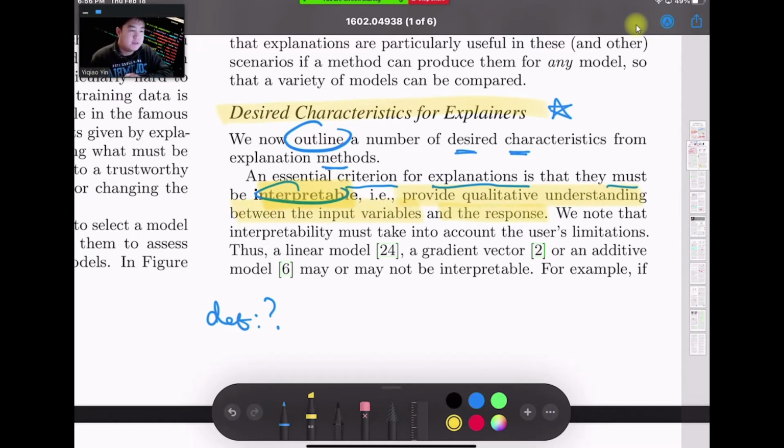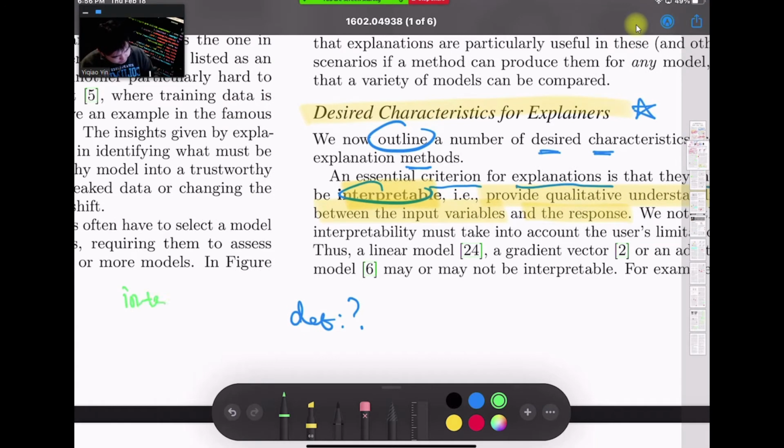Now, I think this definition of interpretable, it's a little bit vaguely defined. There's another survey paper that talks about the difference of interpretability and explainability. So if I dare, let me write here, interpretability and explainability, which is actually related to introvert and extrovert in a linguistic point of view.